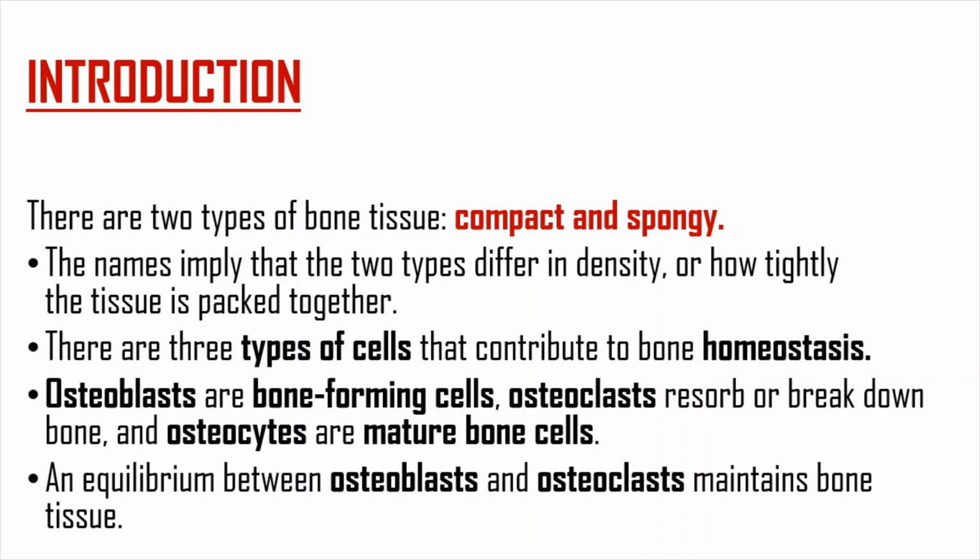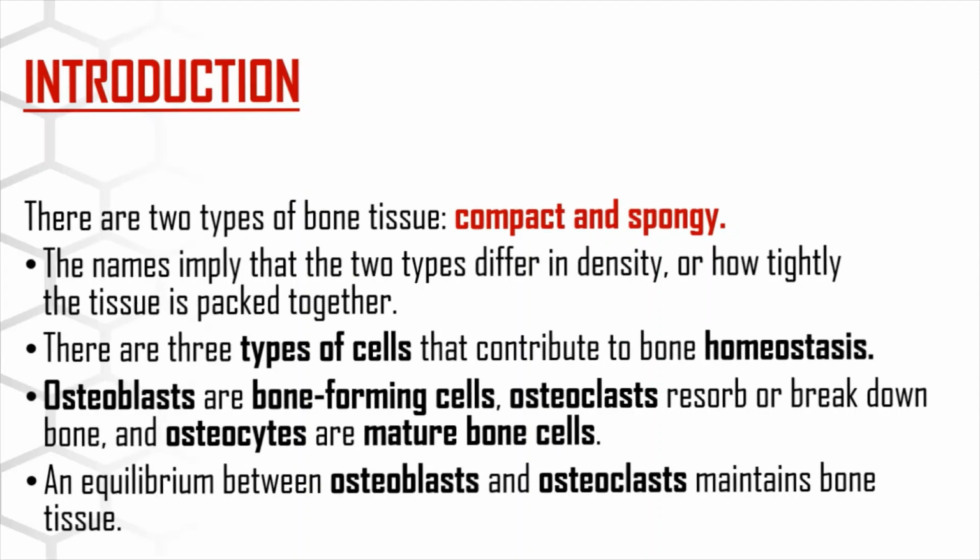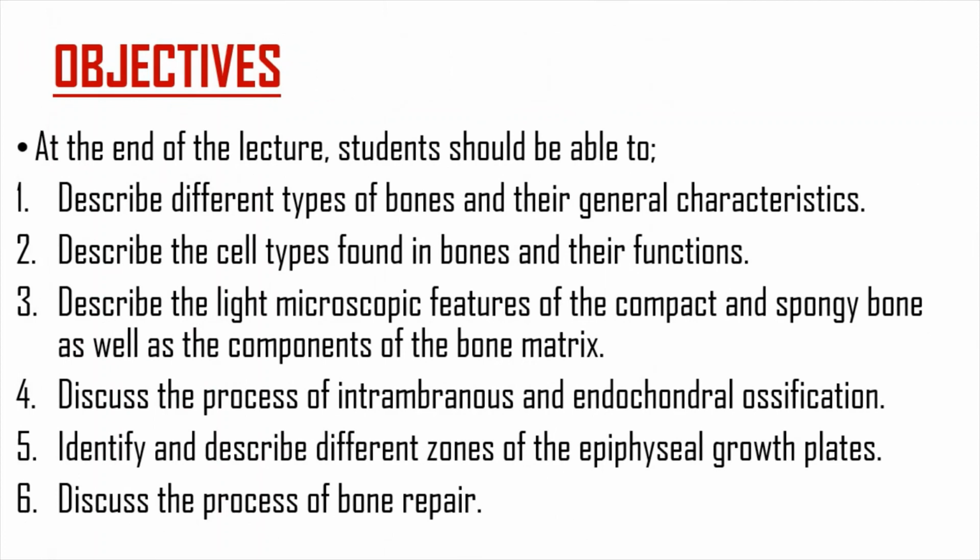Now, what are the objectives for this lab? At the end of this lecture, students should be able to, number one, describe the different types of bones and their general characteristics, describe the cell types found in bones and their functions, describe the light microscopic features of the compact and spongy bone as well as the components of the bone matrix.